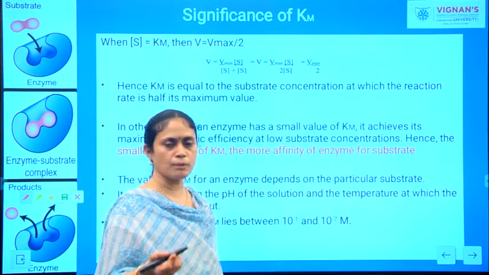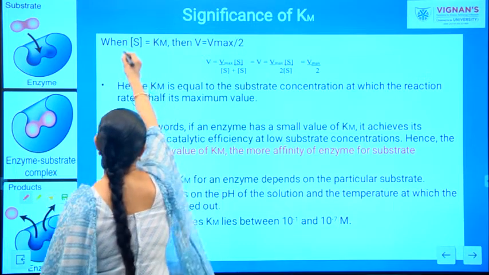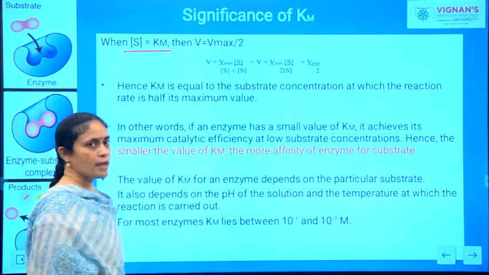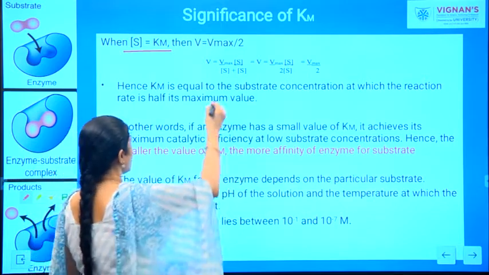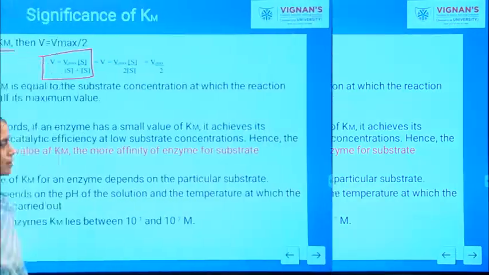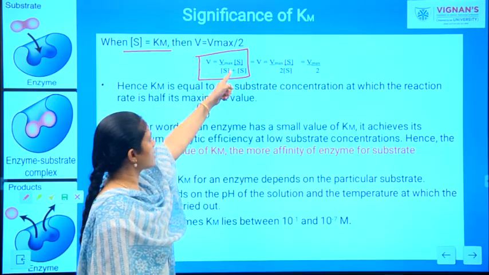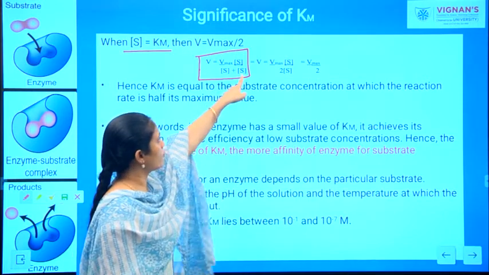And now we will learn about the significance of Km. What is Km? Km is nothing but your Michaelis-Menten constant. So when the substrate concentration is equal to Km, then V is equal to Vmax by 2. How can we get this value? Let us consider the equation V is equal to Vmax into S divided by S plus Km.